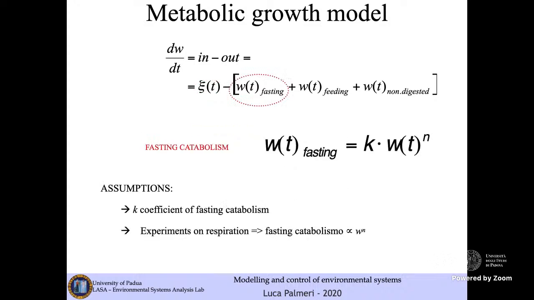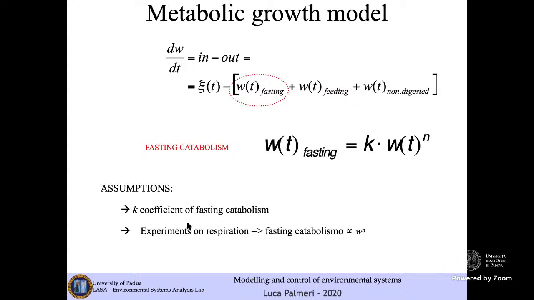Now let's look at the other three terms, the subtractive terms. The first term, that of fasting catabolism, may be modeled by a function of the weight: the energy or the mass employed for fasting activities is proportional again to the weight of a fish through a constant of proportionality called the coefficient of fasting catabolism.